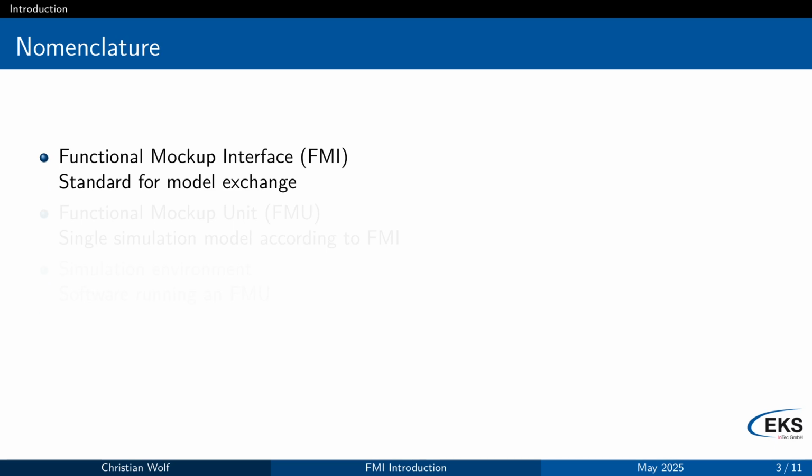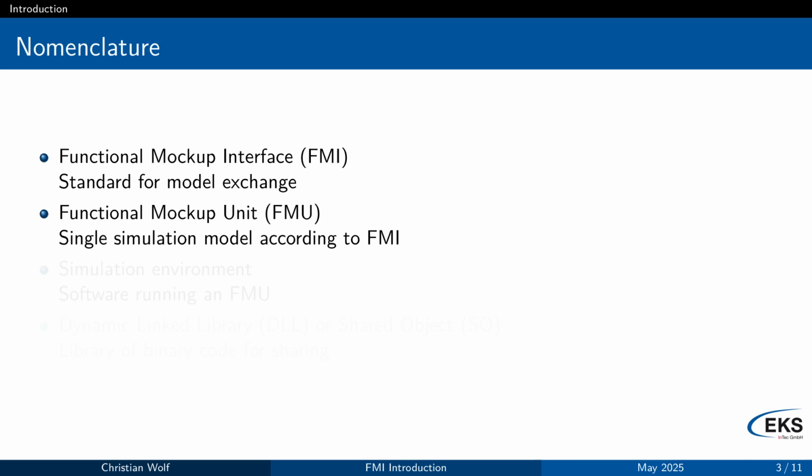So just to get the nomenclature clear, FMI or functional mockup interface is the actual standard we are talking about. This is a text, you can read it and you can work with it. Functional mockup units, in contrast, are single simulation models.